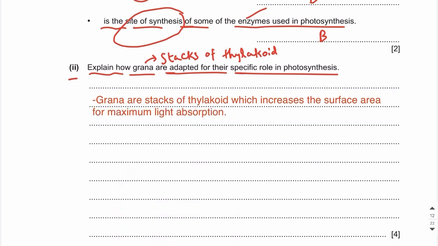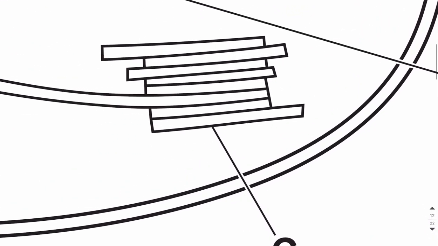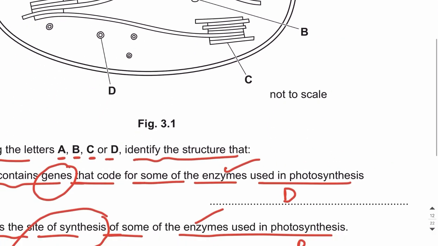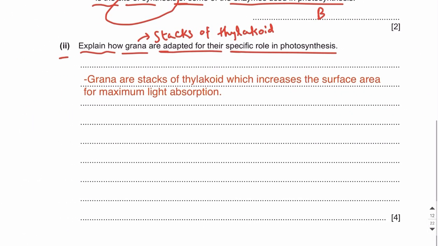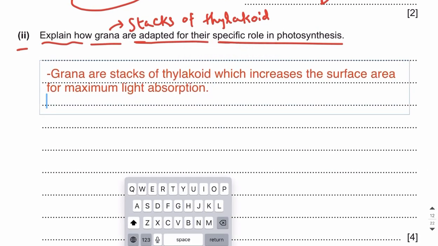As you all know, grana contain photosystems, which are light harvesting clusters that absorb light energy. You can see that grana are basically stacks of thylakoids, piles of thylakoids, so there are a lot of membranes, and this increases the surface area for maximum light absorbance. All right, so grana are stacks of thylakoid which increases the surface area for maximum light absorption.